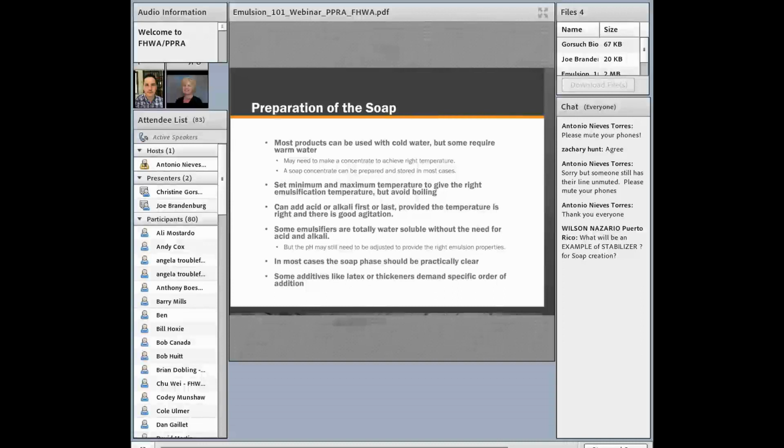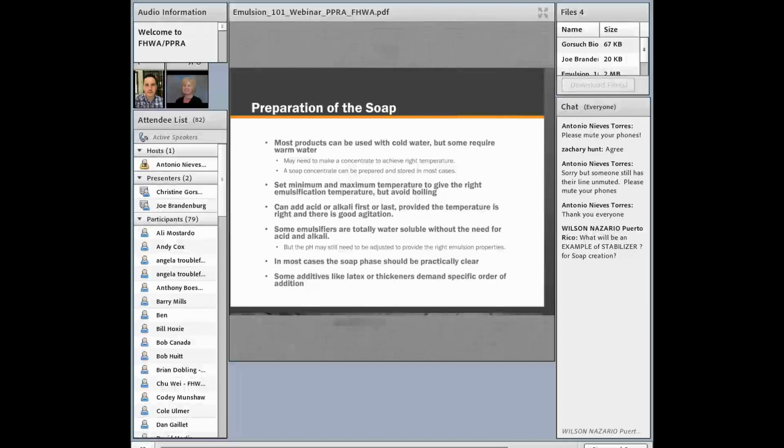And sometimes it's nice to make up a soap concentrate because you can store it for later and then dilute it as you need it to make up your soap solution for that batch, or there are some emulsifiers that require elevated temperatures in order to protonate or to make up a soap solution. So depending on what you manufacture and what chemistry you use, you may need to manufacture your soap differently.